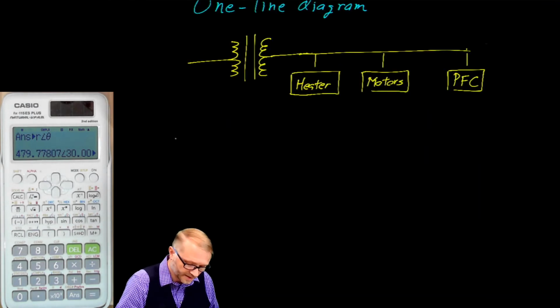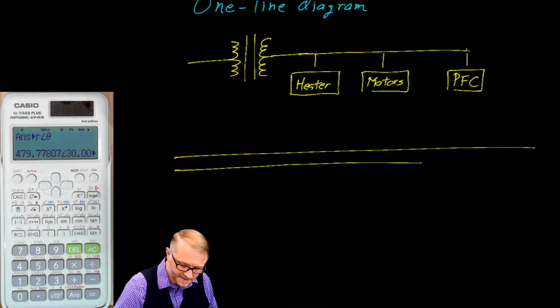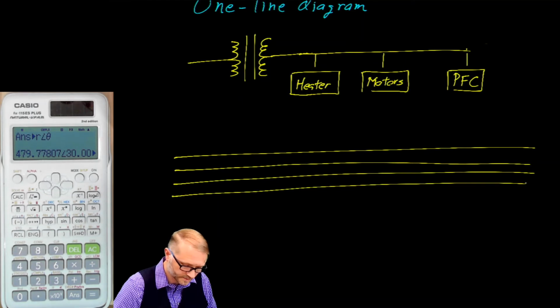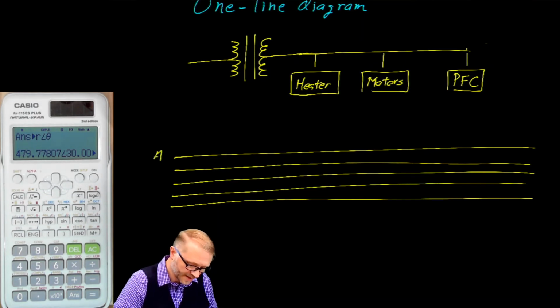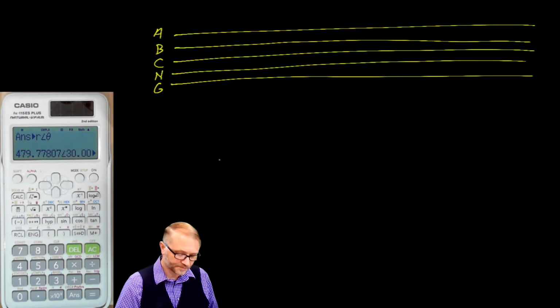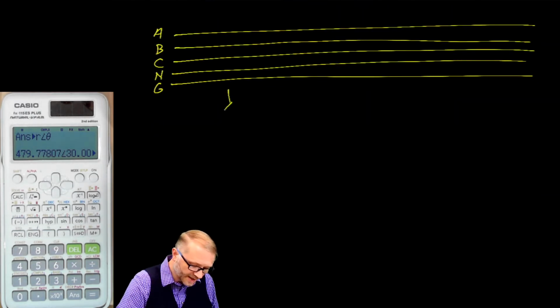In reality, our factory would look more like this. Here are the three phases, plus a neutral, plus a safety ground. So A, B, C, neutral, and ground. We'll assume the heaters are in a Y configuration.